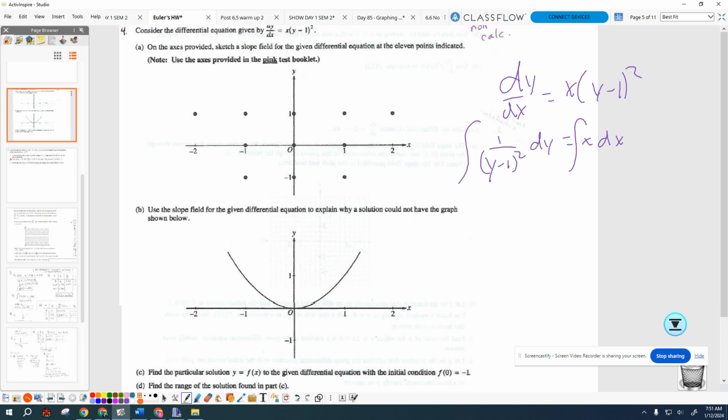You use substitution, that's what I did. Can I do it just with the power rule? Yeah. Raise the power to (y minus 1) and then divide by negative... and then divide by -1. Okay, and then technically divide by the derivative of the stuff inside, which is a 1, so that's good. This is x squared over 2 plus C.